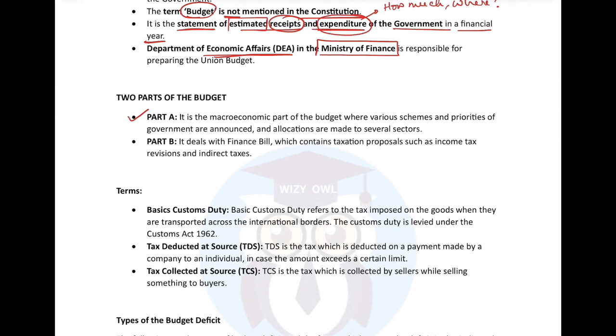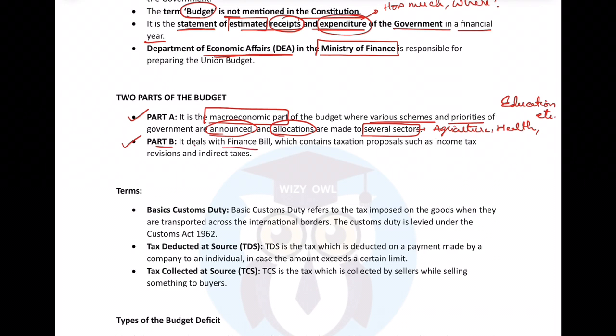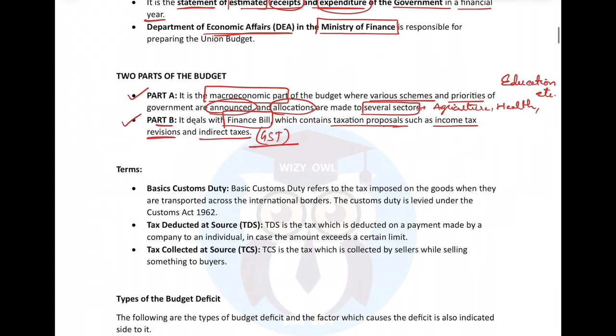It consists of two parts, Part A and Part B. Part A deals with the macroeconomic part, consisting of various schemes, the priorities of the government announced, and the allocations made to several sectors like agriculture, health, education, etc. And Part B deals with the finance bill, which contains taxation proposals like income tax revision and indirect tax, GST.